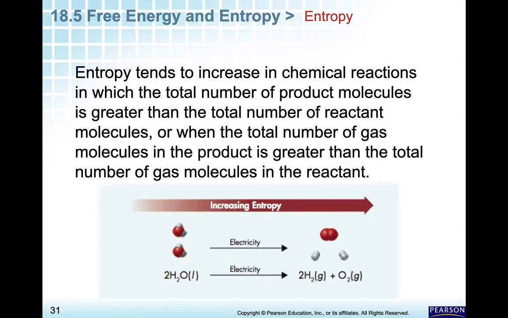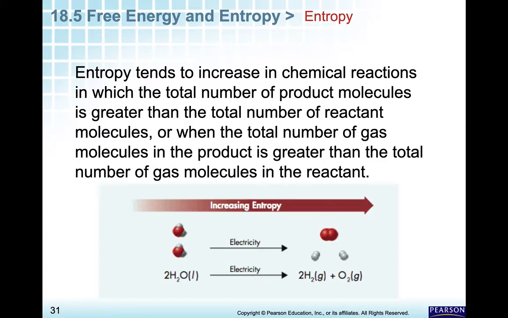Let's see, another one. So in general, entropy would increase in a chemical reaction if the total number of product molecules that exist as a gas is greater than the total number of reactant molecules that exist as a gas. Or if we're not producing gases on either side, when the total number of molecules in the product is greater than the molecules of the reactant.